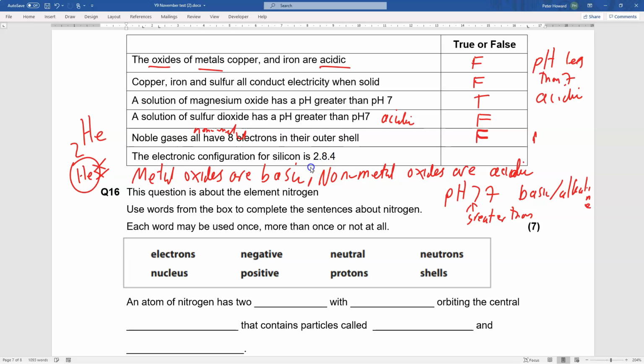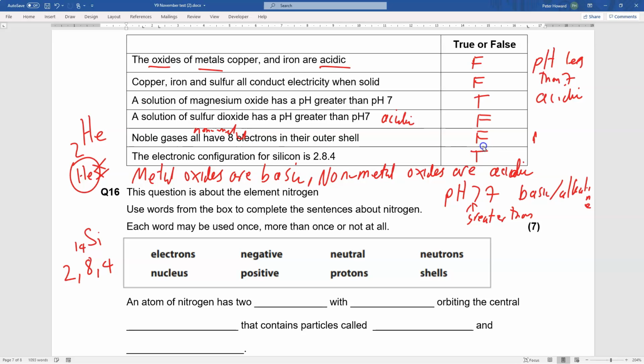Silicon 28 4. If you look up silicon, you will find it has the number 14 in the bottom left corner. I think the top one's 28. So that means firstly for the first shell 2, second shell 8. Those two numbers add up to 10. So that means 4 electrons in the outer shell.